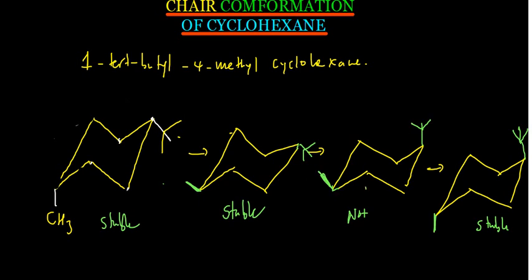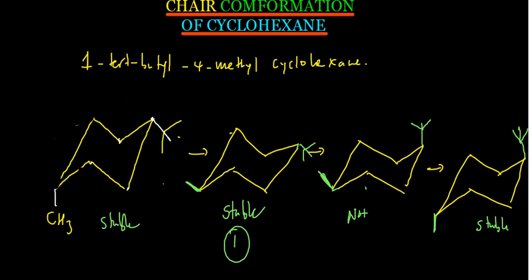Now, which one is going to be the most stable? The most stable is supposed to be where both bonds are facing the equatorial. That is the most stable. So meaning that this is going to be the most stable compound. And then the next stable, the bigger group should be in the equatorial, while the smaller group should be in the axial.